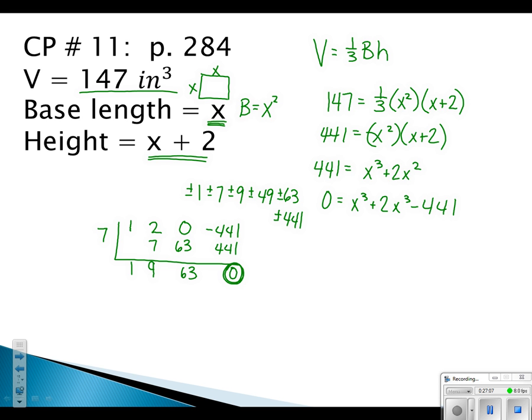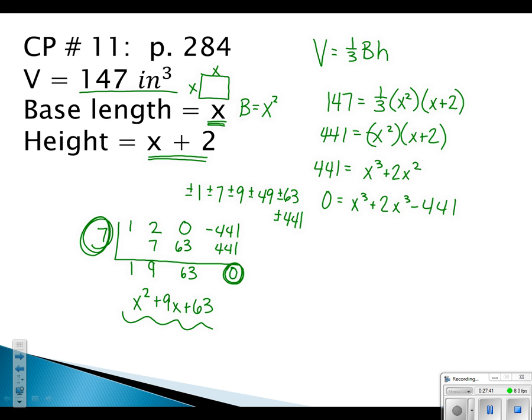So I ended up with x squared plus 9x plus 63 remaining. I then popped that in to see if I could factor it some more. I couldn't find any way to break a 63 and come up with a 9, so I did punch this into the quadratic formula. It ended up giving me a negative square root part. There are no more real zeros coming from what's left out of my function. So 7 is my only positive real zero.